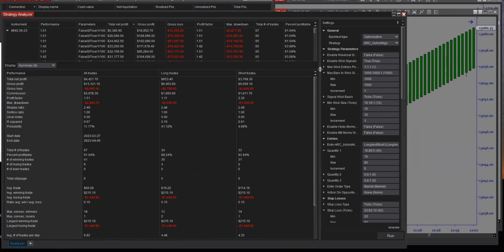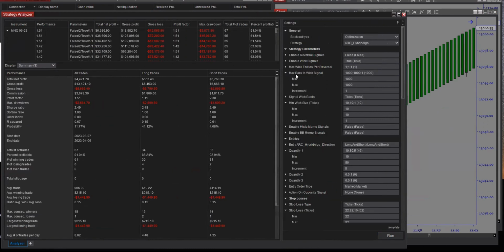Max bars to wick signal. I set it to some randomly large number because I don't want to have a max bar. I don't want to restrict the amount of bars I have, because I don't know how long a leg is going to be, and I really don't care.